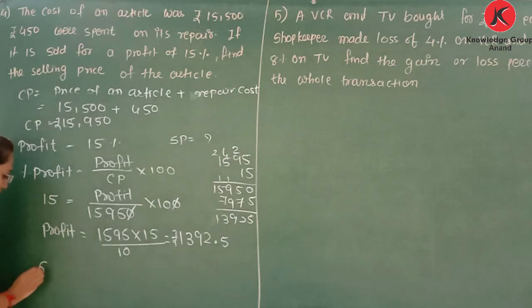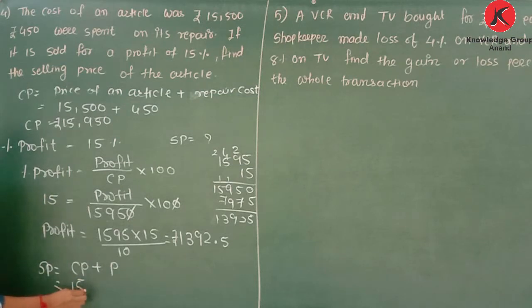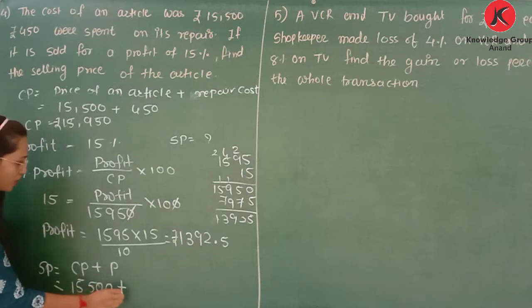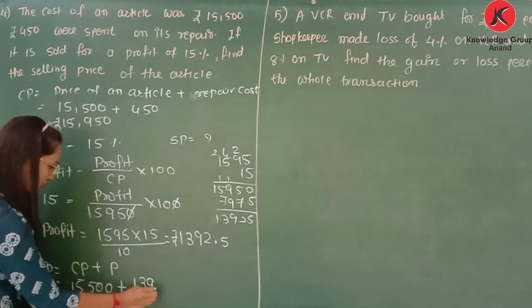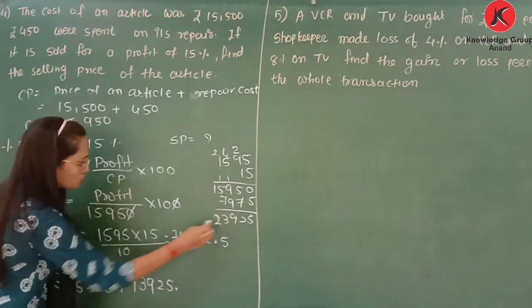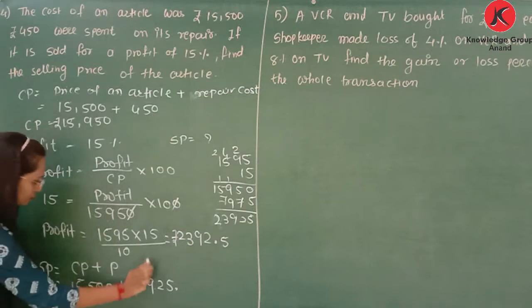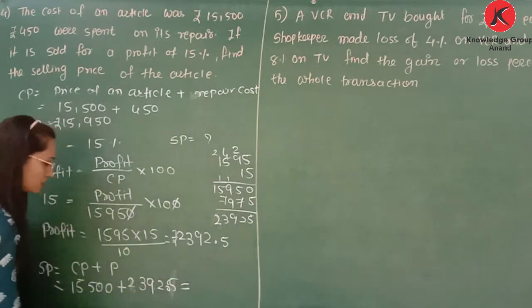So we can find the selling price will be CP plus profit. Our cost price is 15,500 plus. So this is 2.5. Now add this.